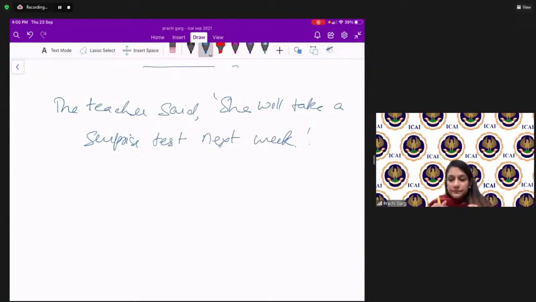Let's start. The teacher said she will take a surprise test next week. Single inverted comma. We don't use, I mean, you can use double inverted, but now we use single only. Both are correct.